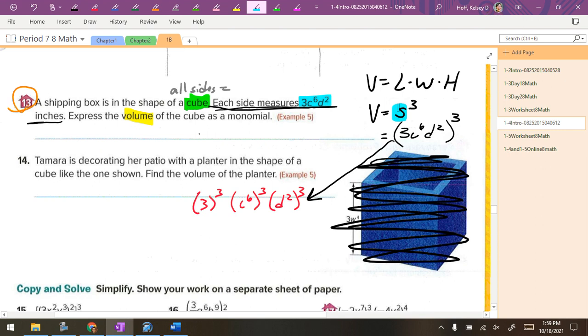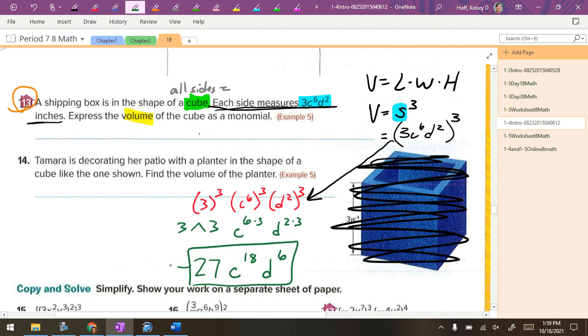It's an S. Side cube. 3 is your coefficient, so we actually want to take 3 raised to the 3rd, which is 27. And then I keep my base, and what do I do to my exponents? Multiply. So the volume of my cube is 27 c to the 18th d to the 6th. That's actually your answer to 13. I just didn't have enough space.